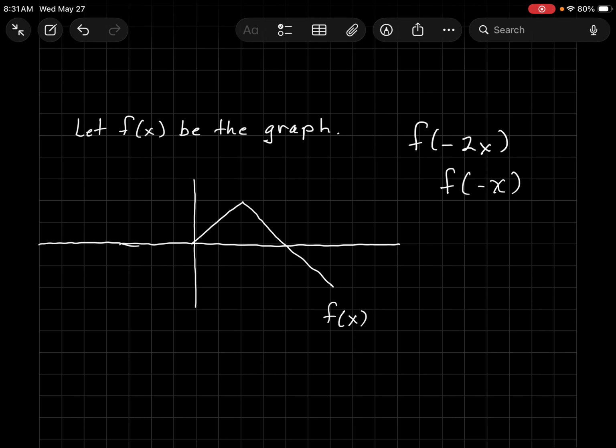F of negative x says leave the y values alone, but now make your x values negative. That is, if that didn't make sense the first time, right here we had the point 2, 2. So I still have the y value of 2. But the x value now becomes negative 2. And this point here was the point 4, 0.